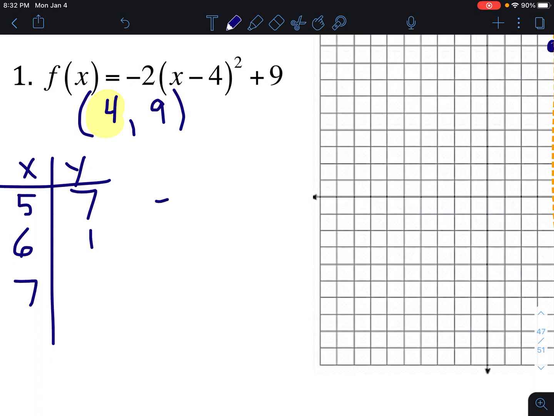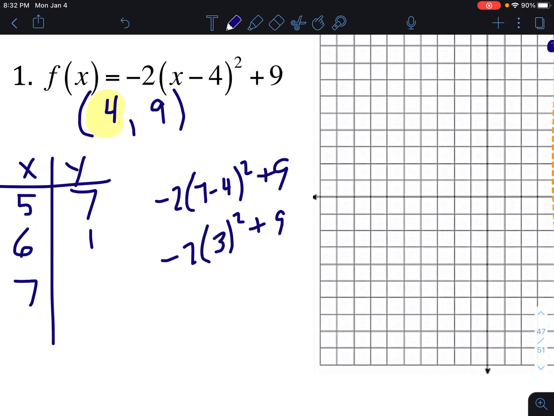And then the 7 in for the x, and that'll be -9.